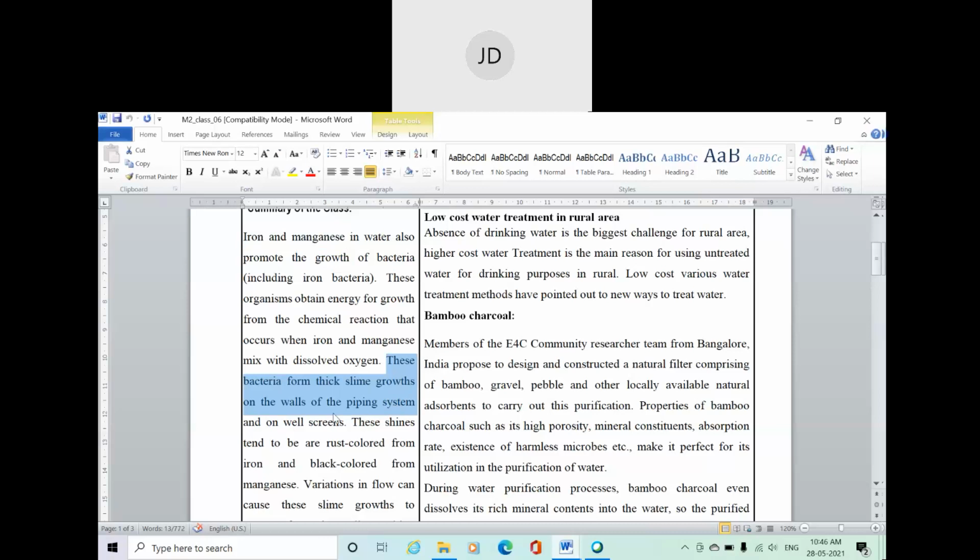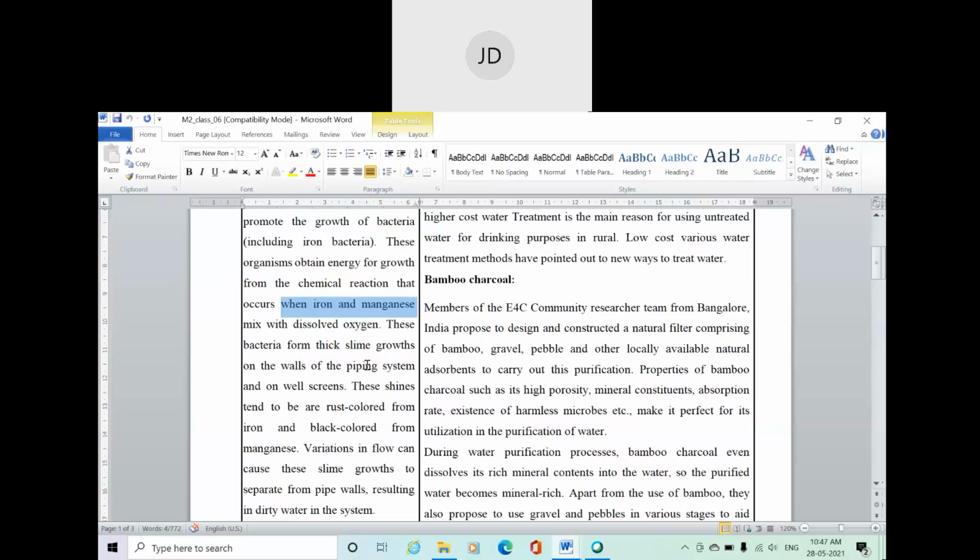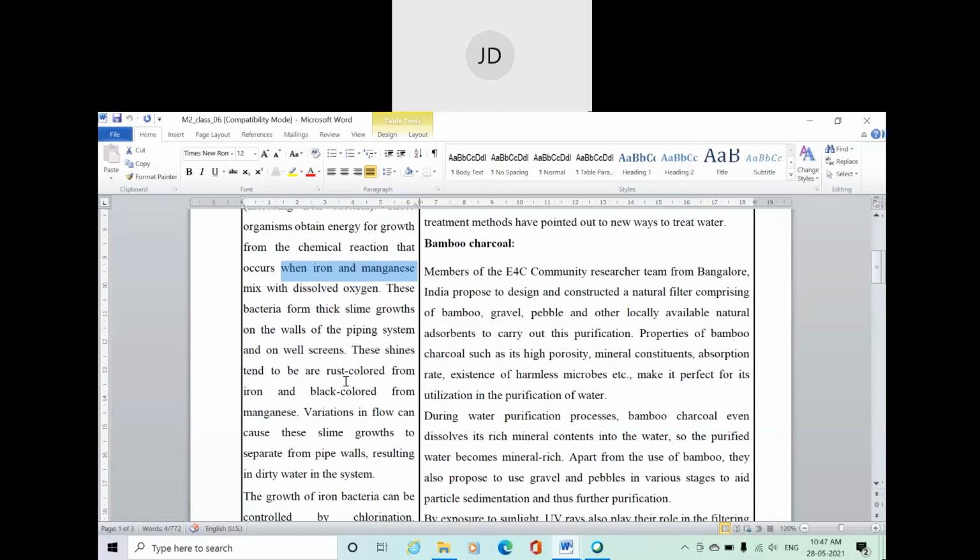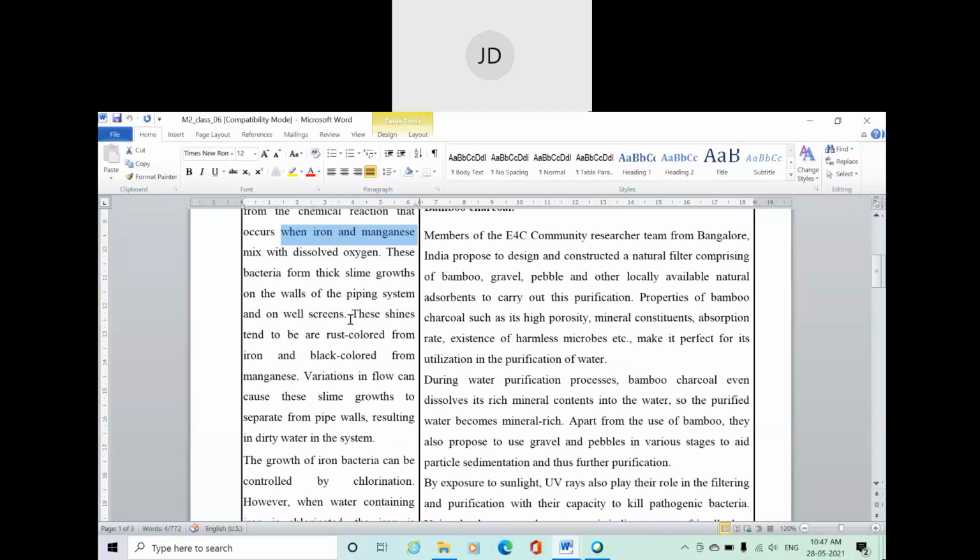You have also seen that reddish, rusted color created by the iron. Okay. So the presence of iron and manganese reacts with oxygen, and it may cause cracks on the wall or piping system as well. Okay.